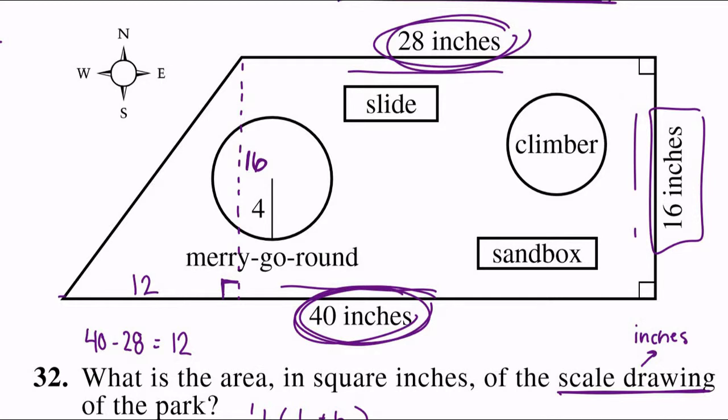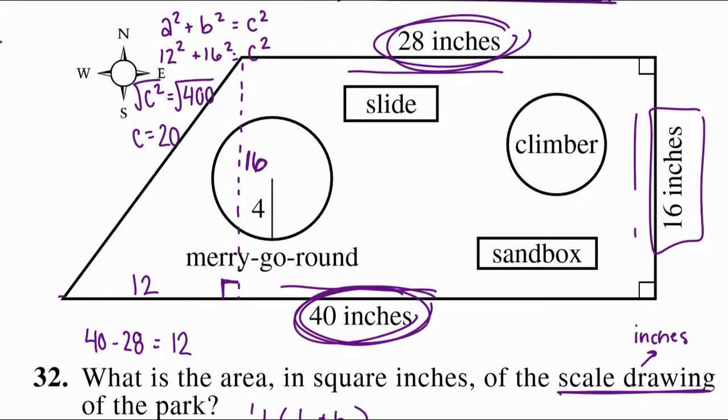So now we have a right triangle that has a base of 12 and a base of 16. So we use our Pythagorean theorem to see a squared plus b squared equals c squared. We plug in our two side lengths, 12 and 16, and we solve for c squared. So after plugging this in, we get c squared is equal to 400. And then we take the square root of both sides, and c is equal to 20.